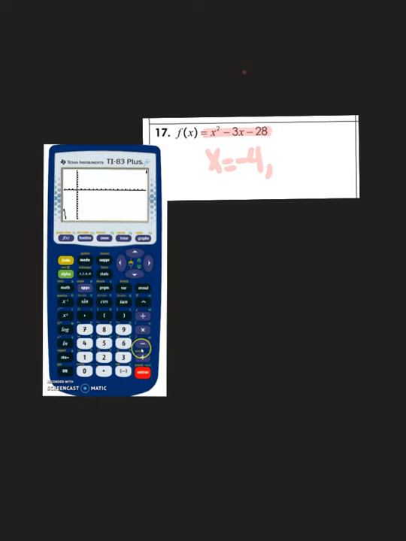So if you can see, it's not really doing anything. So I'm just gonna hit back and go second trace, which is okay because it just kind of stopped for a second. Number 2 for the zeros. My left bound, I'm gonna hit enter. Right bound, cursor up so I can go to the right of the line. Good, enter again. And this time it says that my 0 is x equals 7. So there's my 2 solutions.